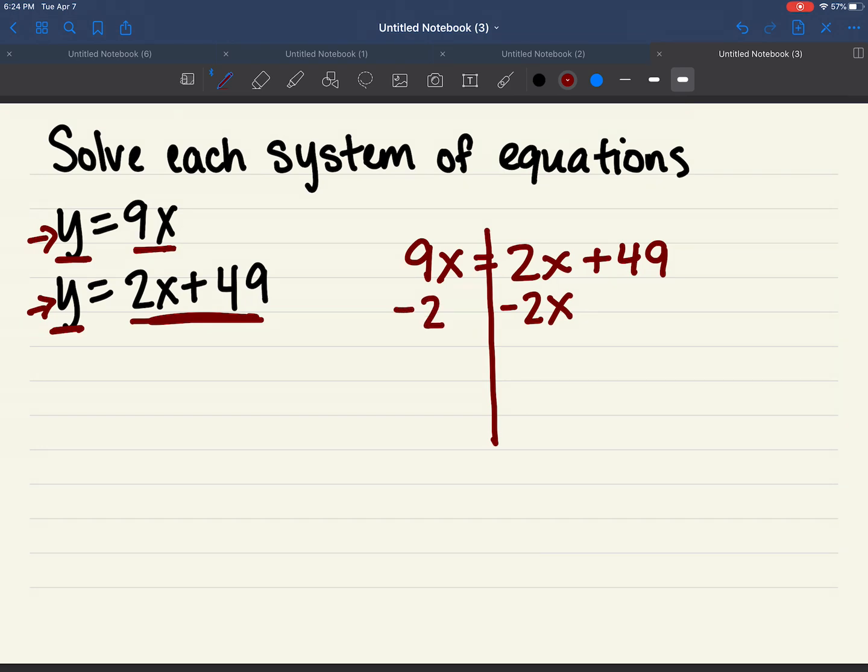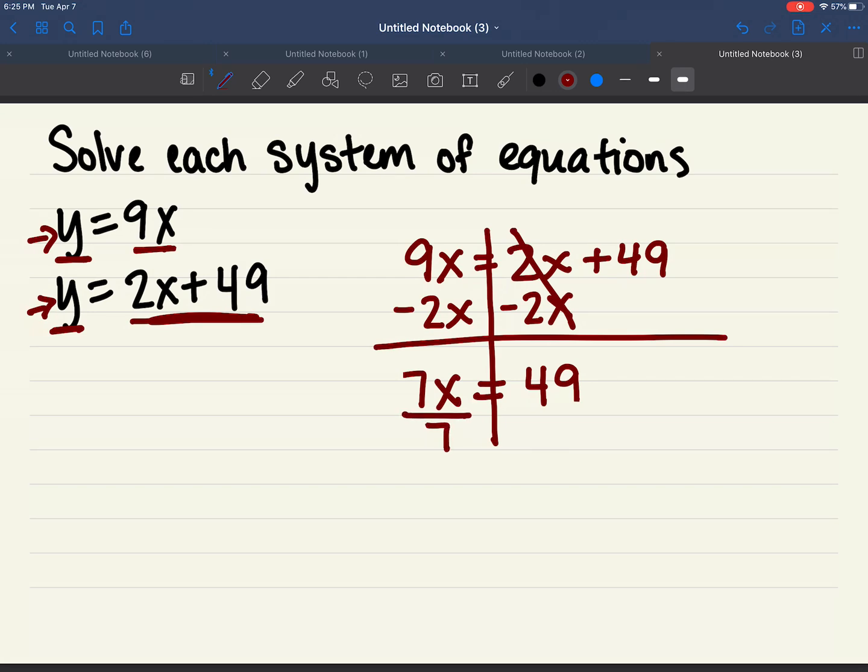So we're going to subtract 2x from both sides. Remember, if you want to move both a variable and a number that are together, you have to use addition or subtraction. So 9x minus 2x is going to give you 7x equal to whatever you have left, in this case positive 49. Then all you need to do is divide both sides by 7 to get x by itself, and you would get x is equal to positive 7.